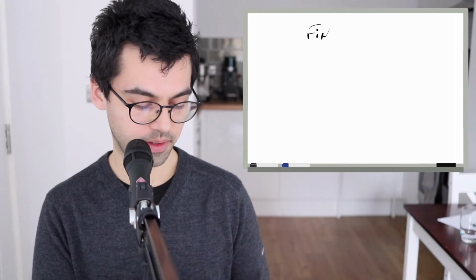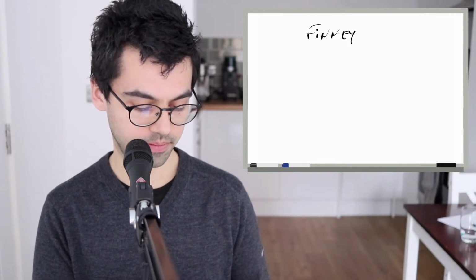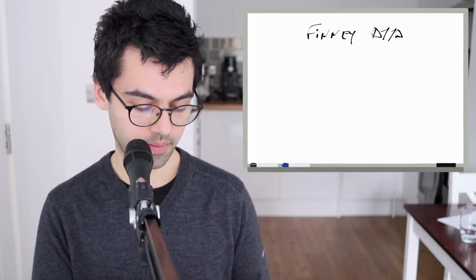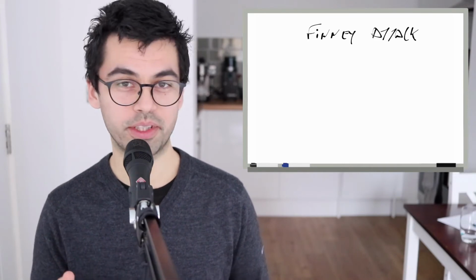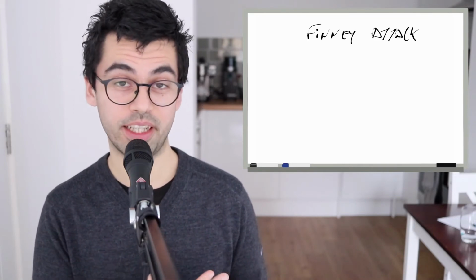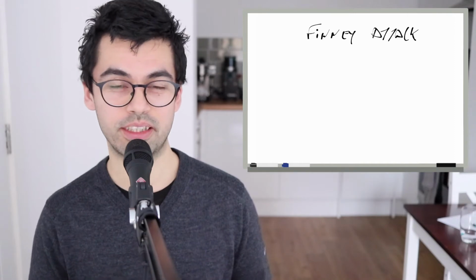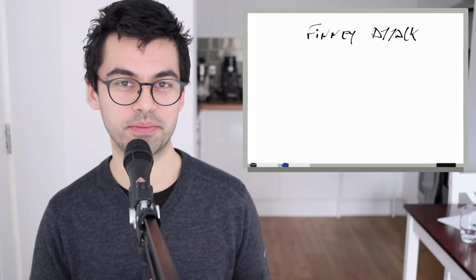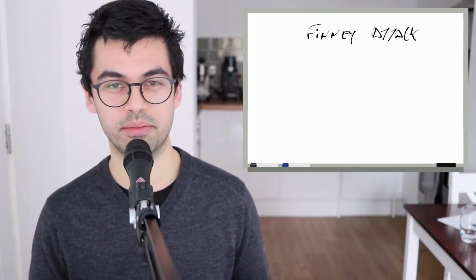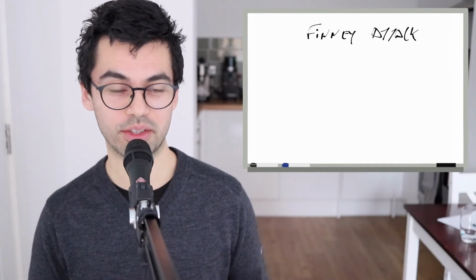Another way to achieve this double spending attack is through the Finney attack. You probably know that Hal Finney was the first recipient of a Bitcoin payment, and some people believe that he is actually Satoshi Nakamoto.